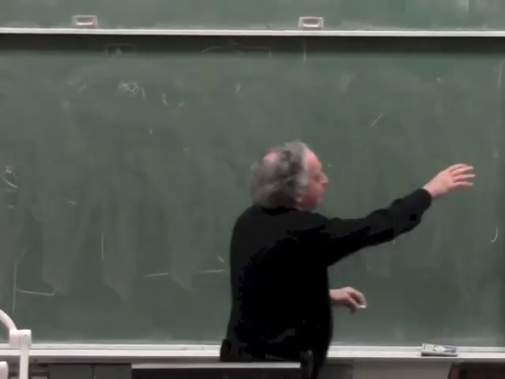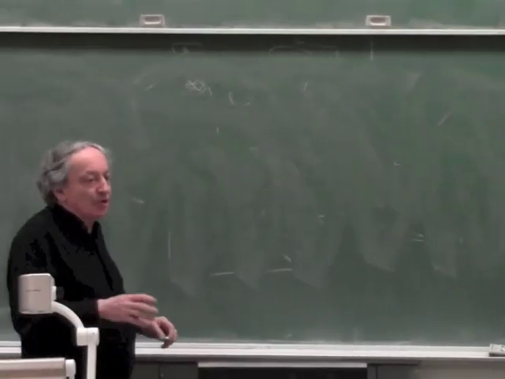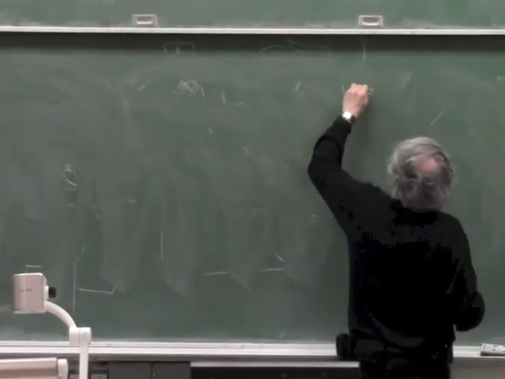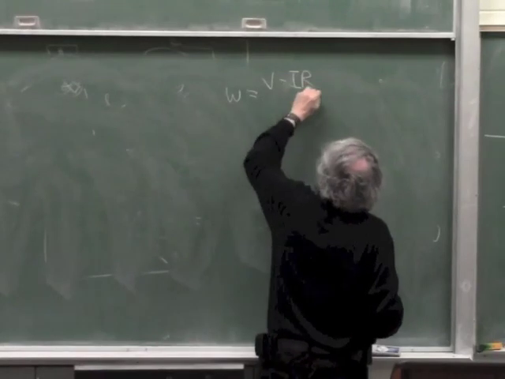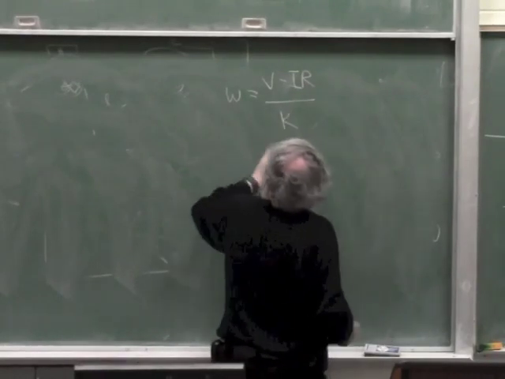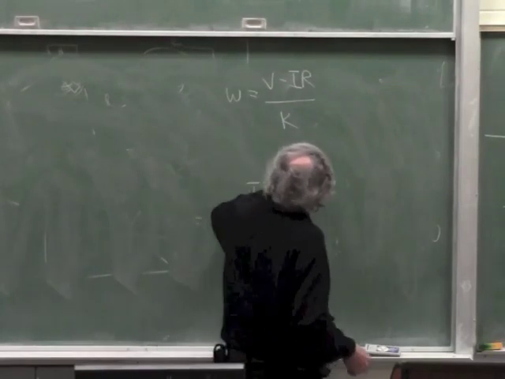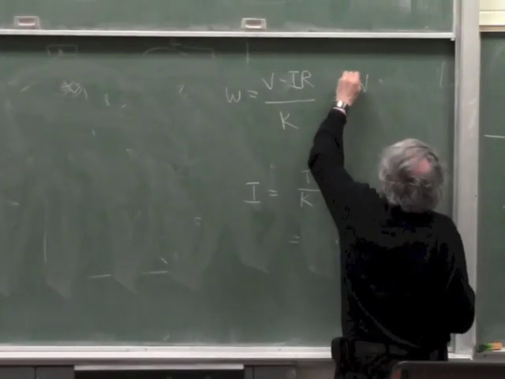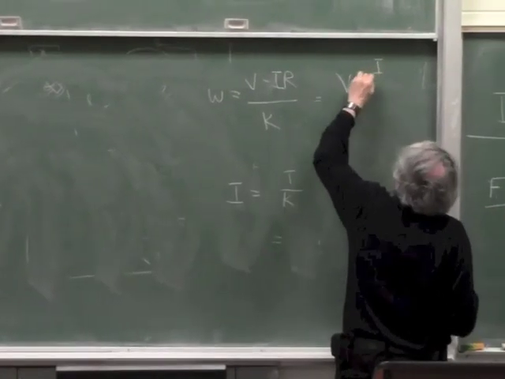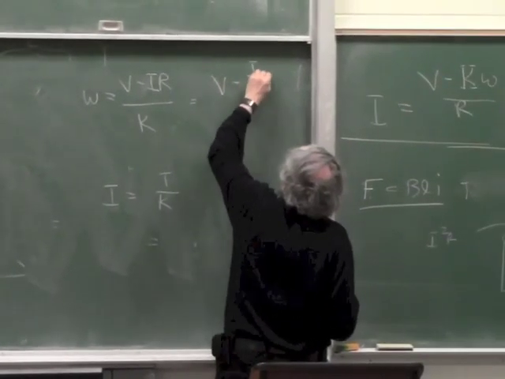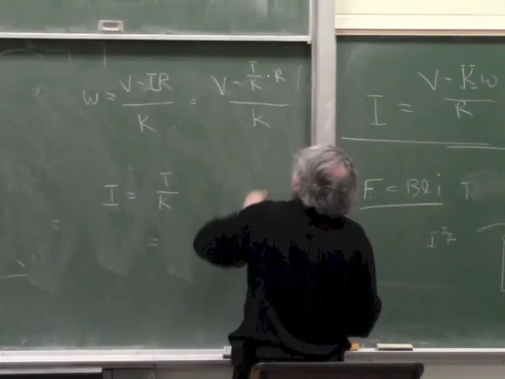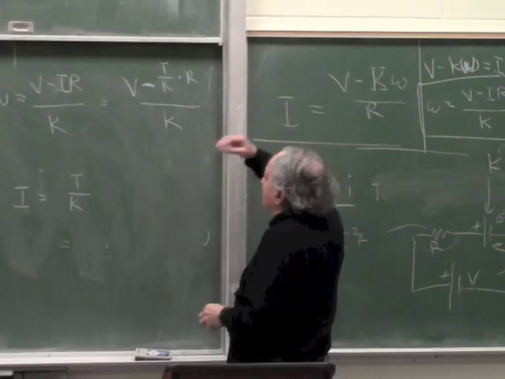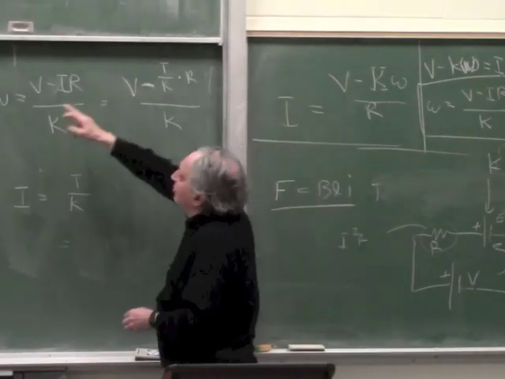So the basic equation of the PMDC motor or parallel wound motor, the basic equation is omega is V minus IR divided by K, but we already know that I is torque divided by K. Okay, so we can rewrite it V minus torque divided by K times R divided by K. Okay, so now we have a direct relationship between torque, omega, and V.